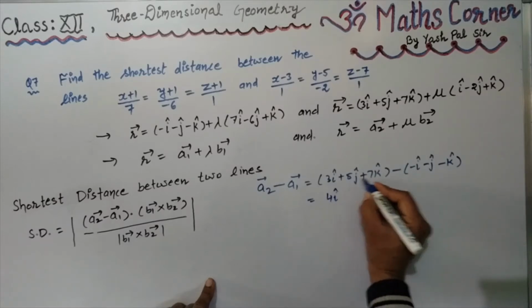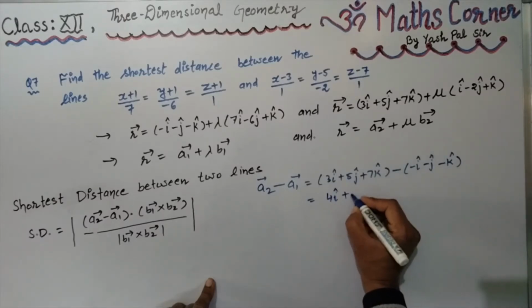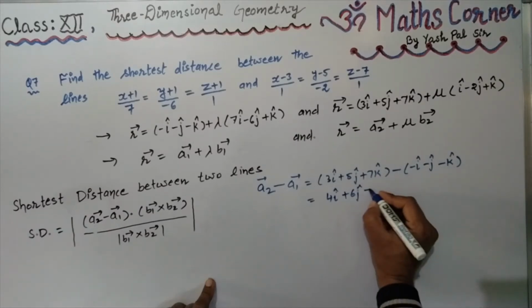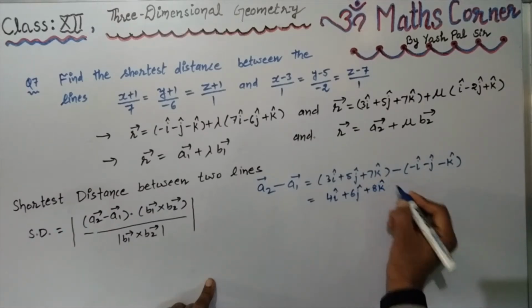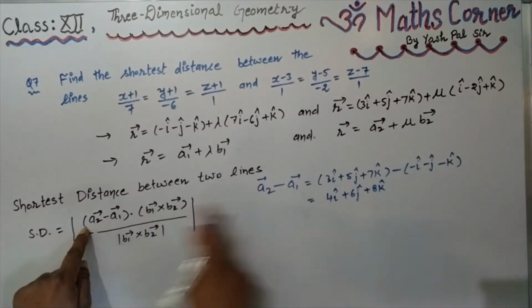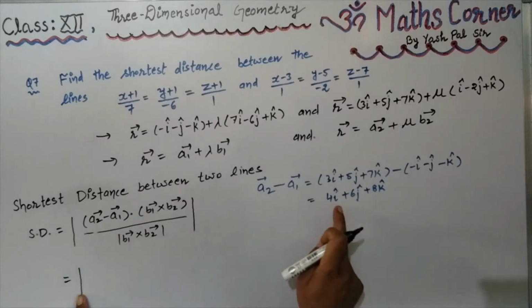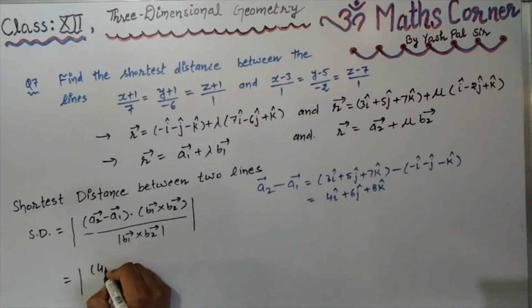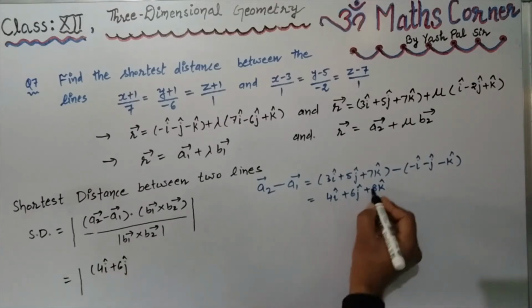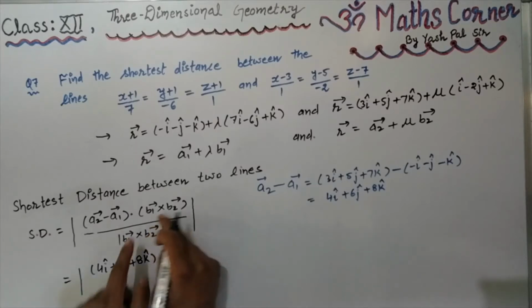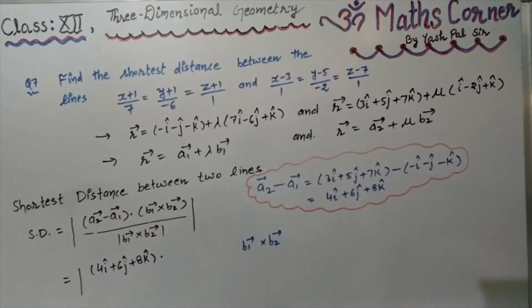So this is equal to 3 plus 1, 4i, 5 plus 1, 6j, 7 plus 1, 8k. So we put this value here: a2 minus a1 is 4i plus 6j plus 8k, dot b1 cross b2.